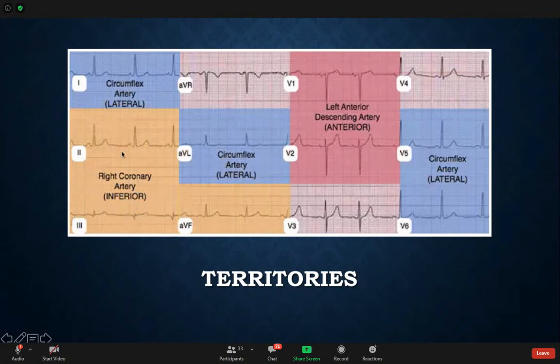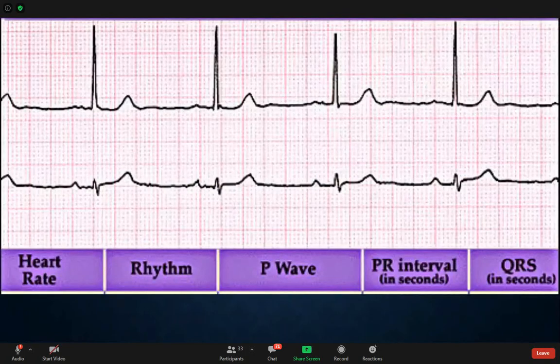The right coronary is represented by the inferior leads. 2, 3 and aVF are inferior, 1, aVL, V5, V6 are lateral, and V1 to V4 is anterior. I'm not going to ask you exactly which coronary, but whether this is an anterior MI, inferior MI, or lateral MI. Make sense? Let's go back here.